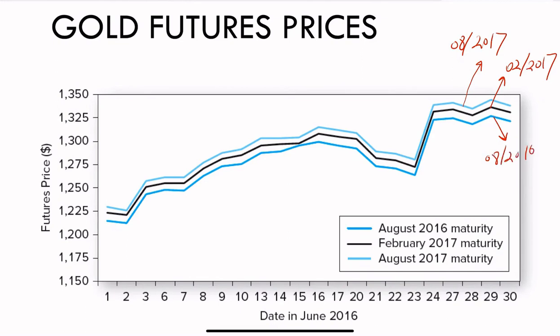So you can see that the top line has the longest maturity, and the bottom line has the lowest maturity. So this basically means that if you look at these three lines on a certain date, you can see that the futures with a longer or further delivery date will have a higher futures price.